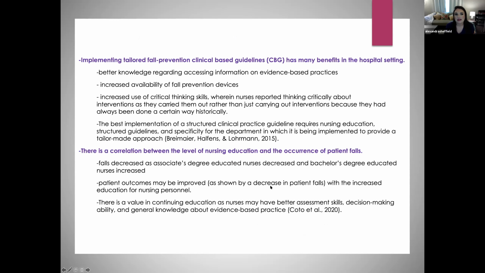Next, implementing tailored fall prevention clinical-based guidelines has many benefits in the hospital setting. Better knowledge regarding accessing information on evidence-based practices are factors that increase the ability to implement clinical-based guidelines with the nursing staff, doctors, and everyone on the floor.